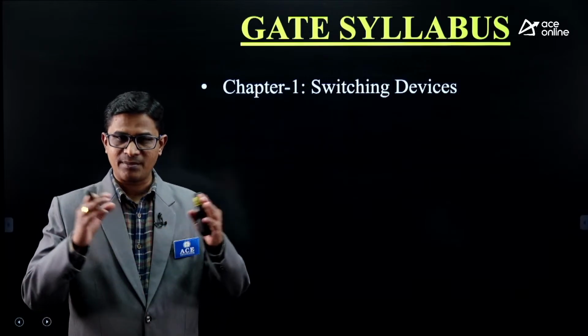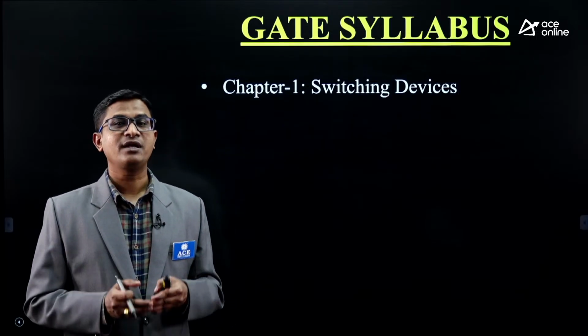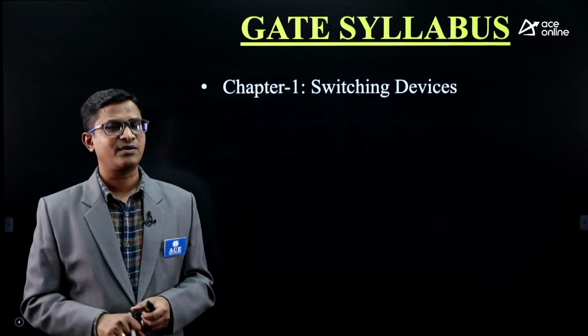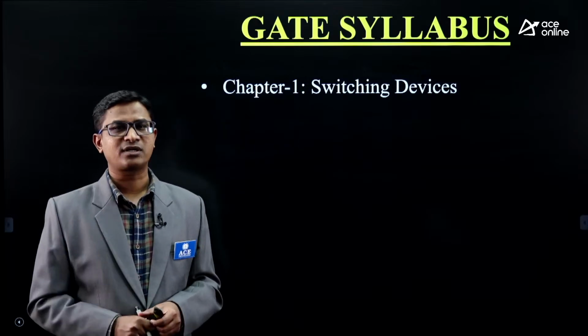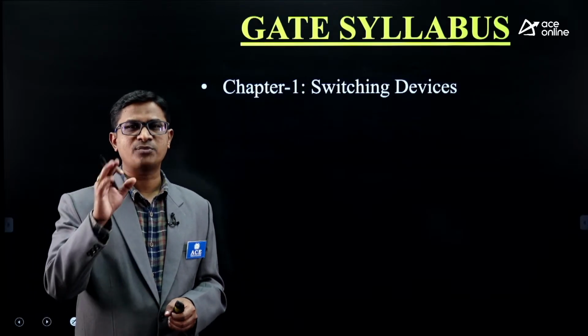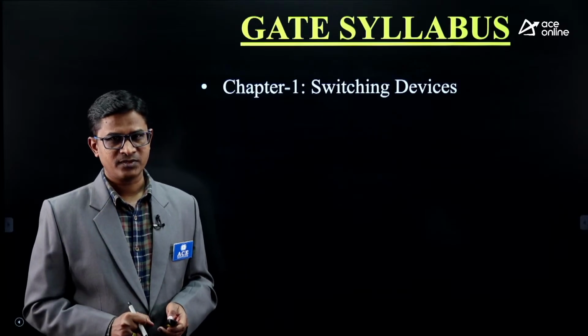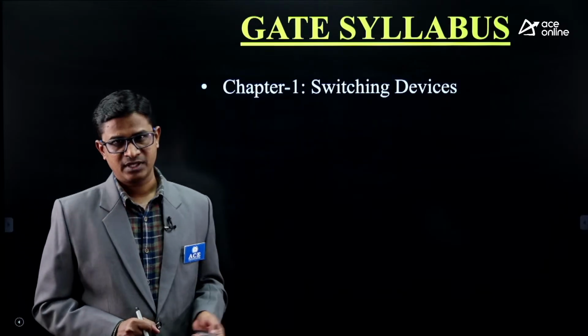But as far as your syllabus is concerned, the detailed analysis is of the silicon control rectifier, and other switching devices are just an introductory part. You will find most of the questions based on silicon control rectifier only. One of the important topics.